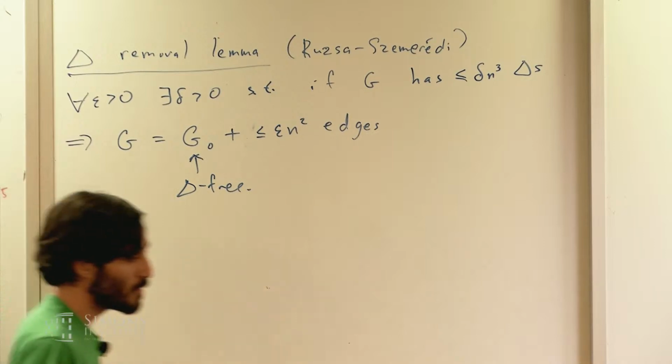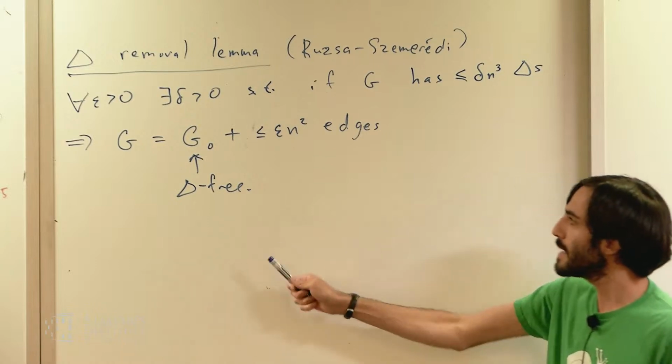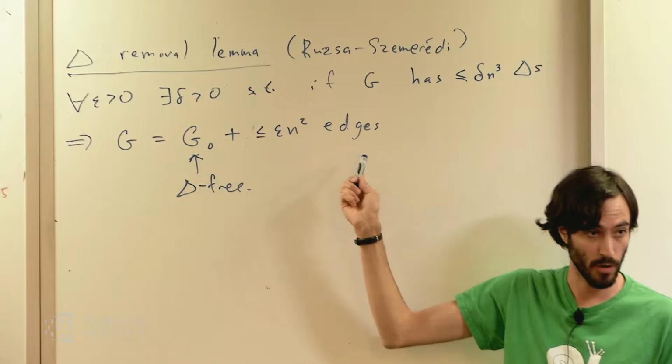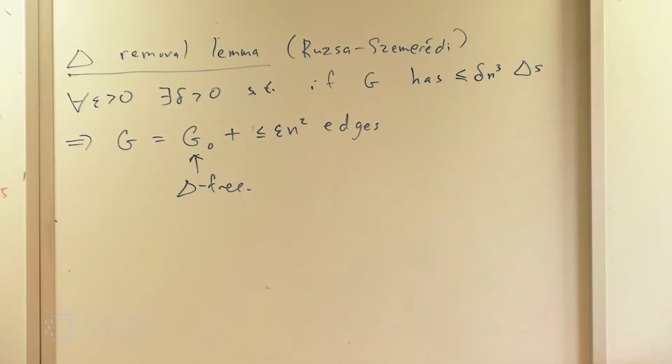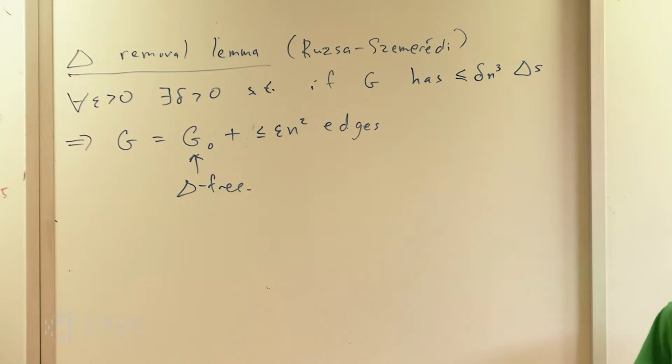So the triangle removal lemma says that if I have a graph with few triangles, in fact, it really is just made up of a graph with no triangles plus a small number of edges. OK, so this is the triangle removal lemma. I suspect that many of you have seen it. There's a lot that we know about it and far more that we don't know about it.